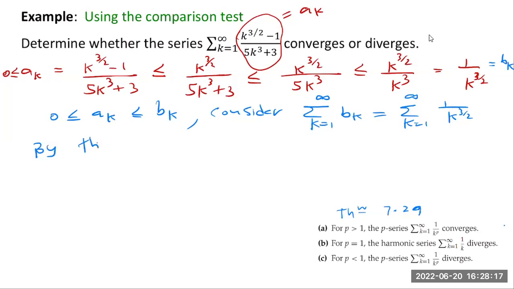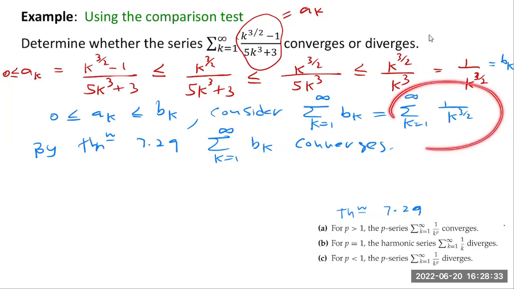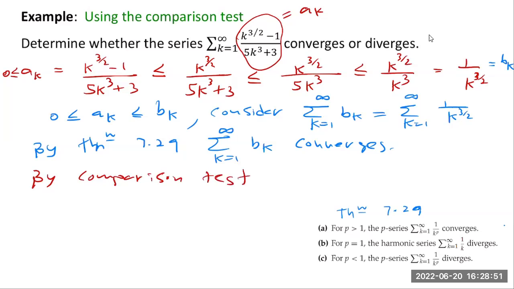By theorem 7.29, the sum of BK is convergent because p is bigger than 1. This is 3 over 2. All right. That means by the comparison test, the smaller series should also converge.